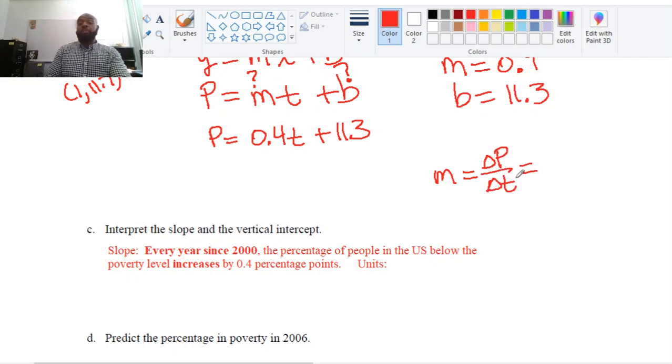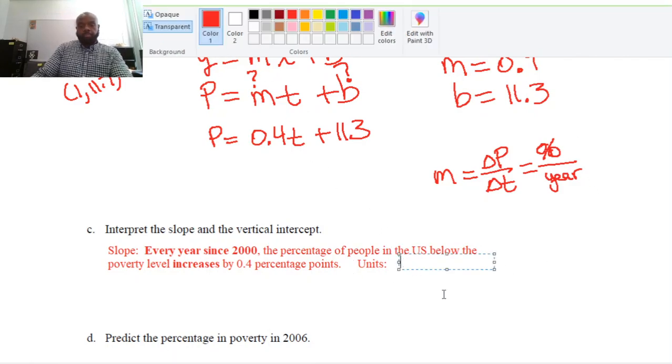The units of the slope come from the operation of the units that you do, right? My change in p is in percentage. I'm just going to use the percent symbol. And t is in years. So if I want to know the units of my slope, it's going to be percentage of people per year. Or you can say percentage per year. You don't have to necessarily put the word of in there.